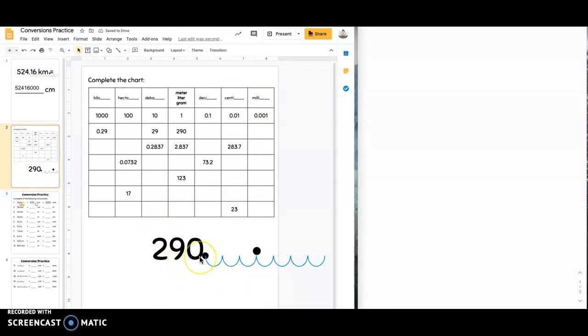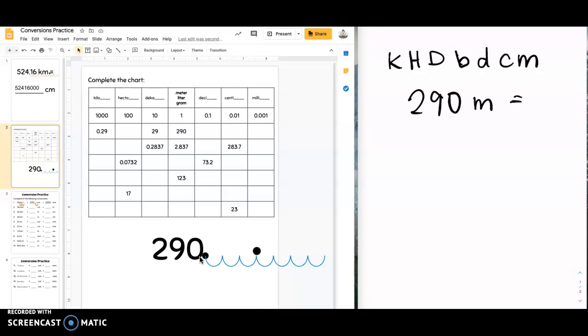And then you can do this in your notebook as well. So I have kilo, hecto, deca, base, deci, centi, milli. So if I have 290, we're just going to say I have 290 meters. We're going to start with base and we're going to start with length. So if I have 290 meters and I want to know how many decimeters that equals, then I'm going to start with 290, and I know from base, I'm going to go over 1.